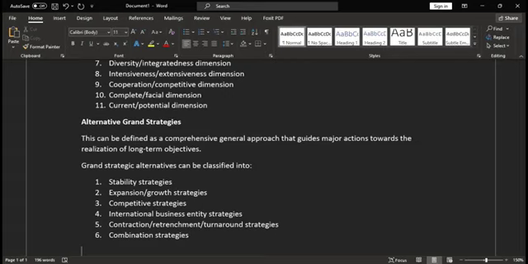The contraction, retrenchment, and turnaround strategy. A retrenchment strategy is followed when an organization substantially reduces the scope of either its customer group, customer functions, or alternative technologies, singly or jointly, in order to improve its performance. Sometimes in war strategies they think it is better to retreat rather than to advance.